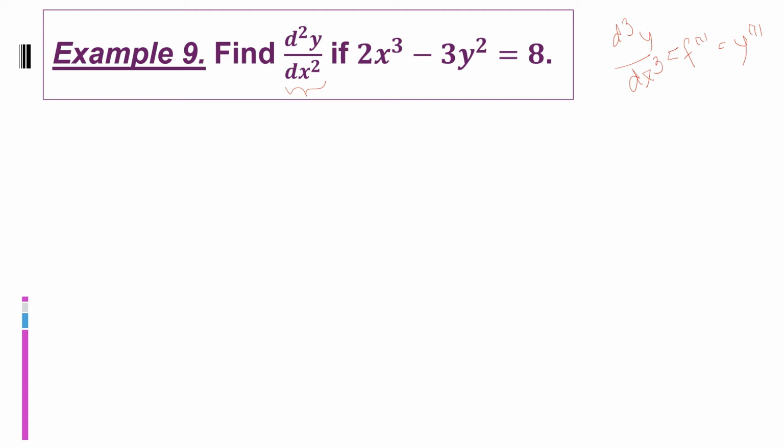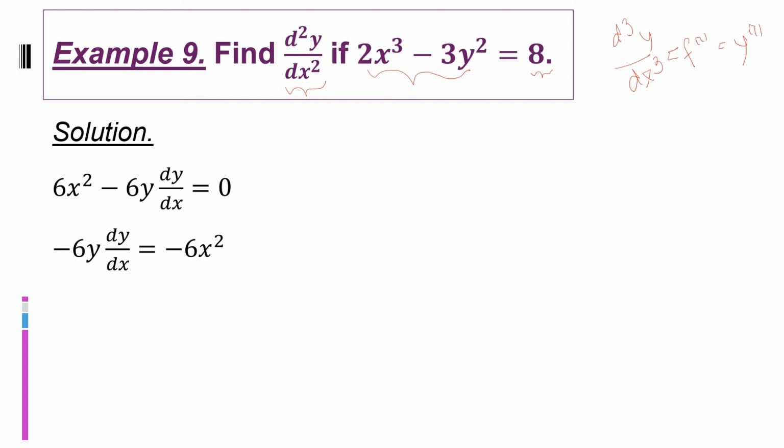So since this is an implicit equation, so we will use implicit differentiation. That is 6x squared minus 6y dy over dx is equal to 0. So tinuha natin yung derivative nito, tapos yung derivative nito.